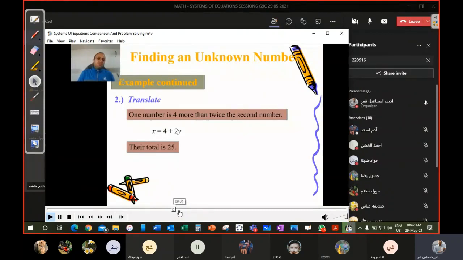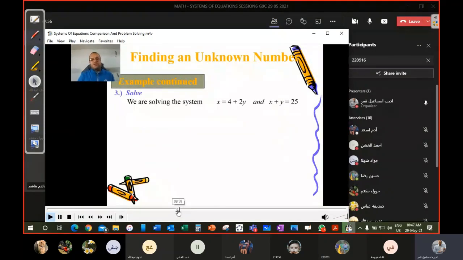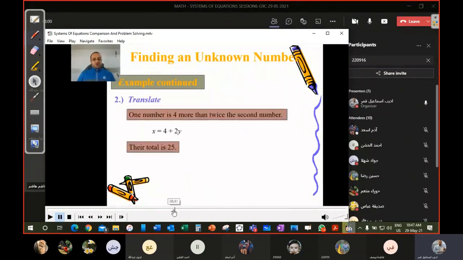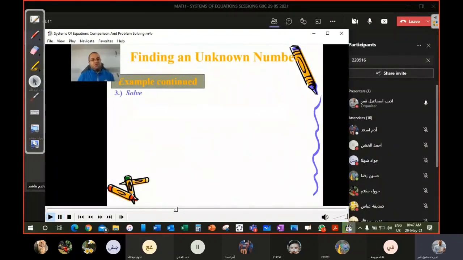This means that if we add, we substitute for x in the simplest method equations and we go. Okay, their total sum is 25 in x plus y equal 25. Put them in a system. Two equations. X equals 4 plus 2y and x plus y equals 25.